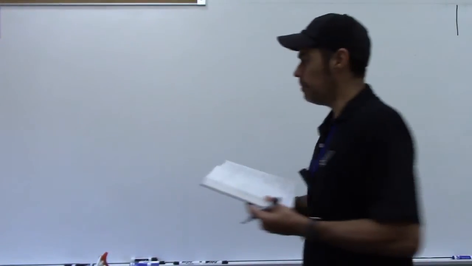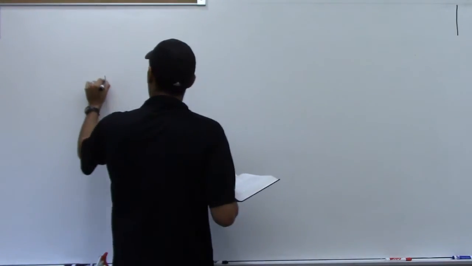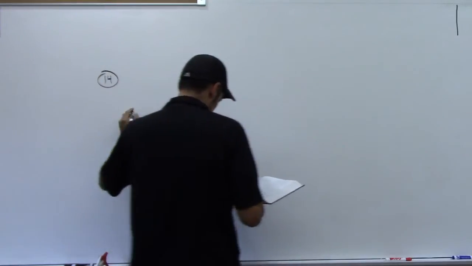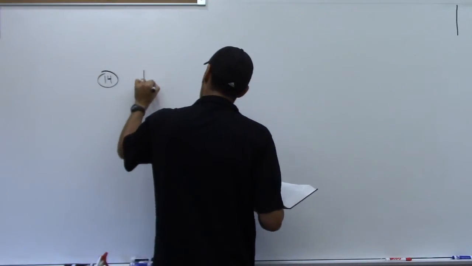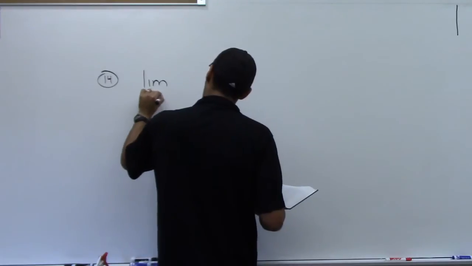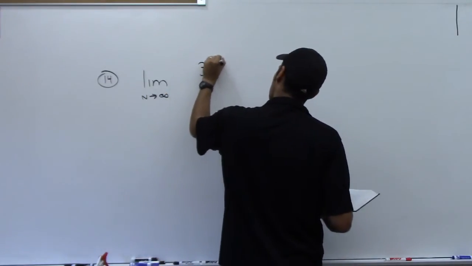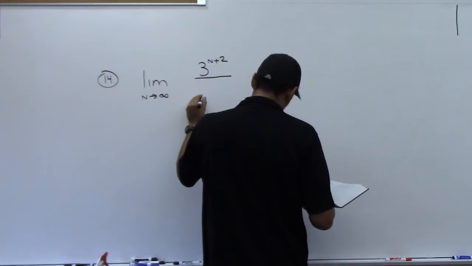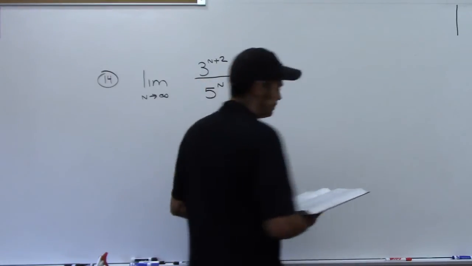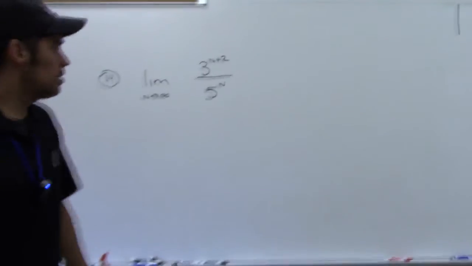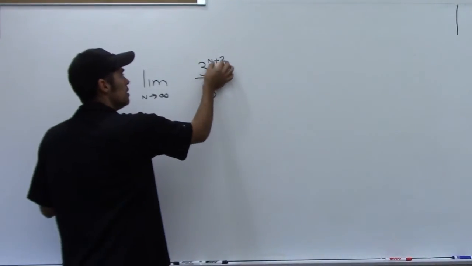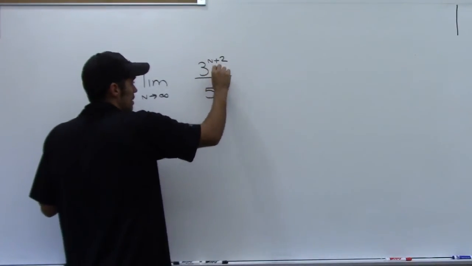Do 14, then take a little break. Just a quick one. So limit n goes to infinity of 3 to the n plus 2 over 5 to the n. So as n gets huge, this gets big. 3 to a big number becomes huge.